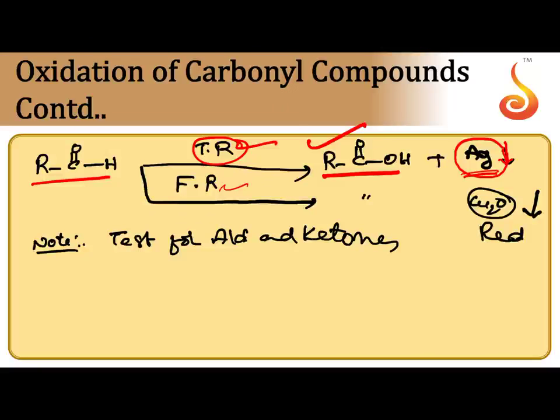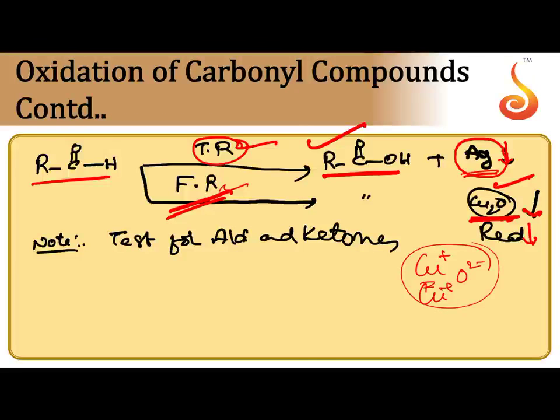Now the alkaline copper ions, Cu2 plus ions, are present in Fehling's reagent. When it is added to an aldehyde, Cu2 plus ions get reduced to Cu1 plus. The product obtained here, along with carboxylic acid, is cuprous oxide, Cu plus and O2 minus. Cuprous oxide is red in color and precipitated.